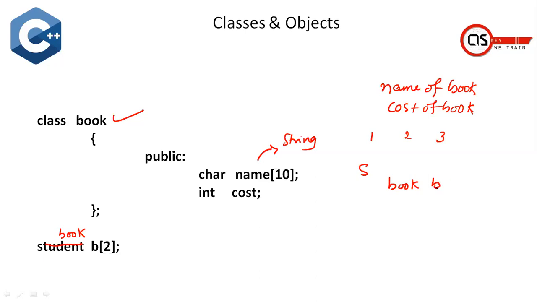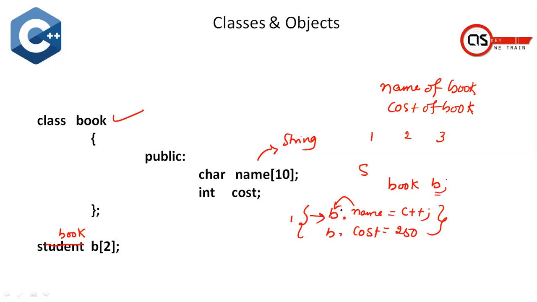So now I am going to declare an object called B. Now B is an object where I can read a name of the book and store that book name as C++. Now let the cost of the book be 250. So now this is information of one single book called B.